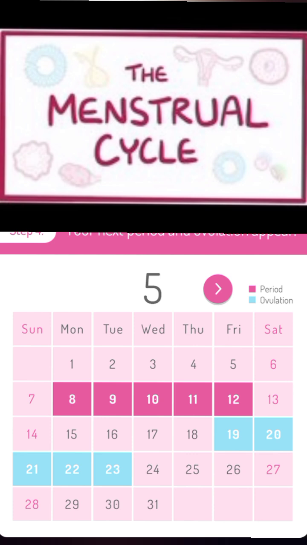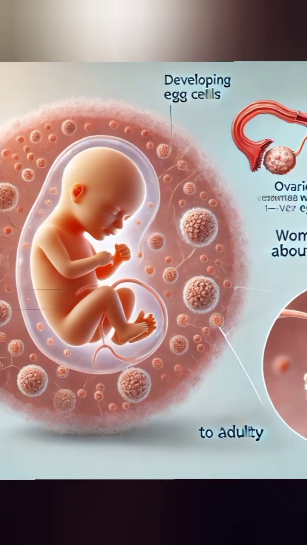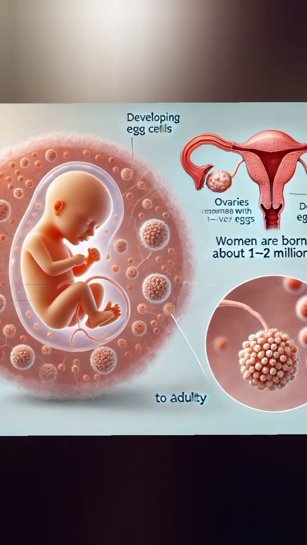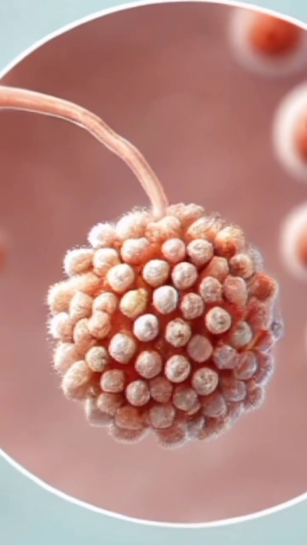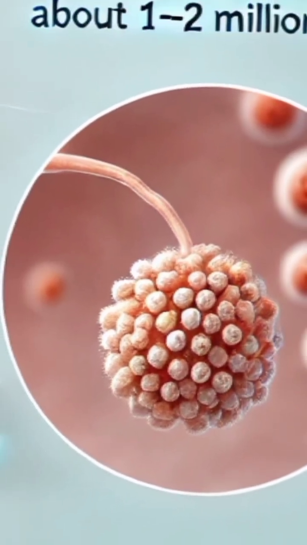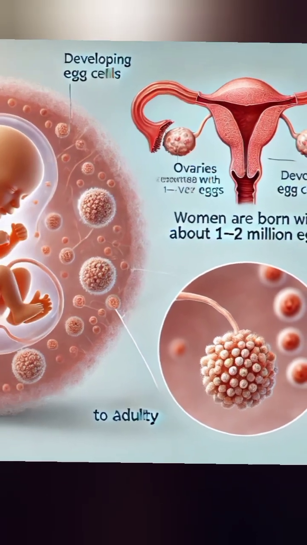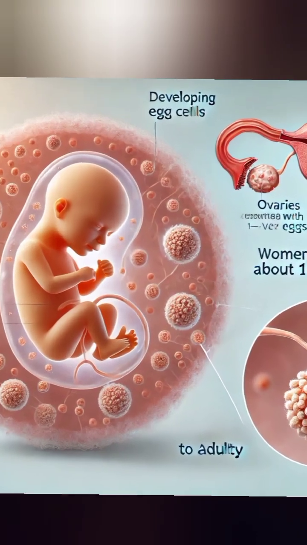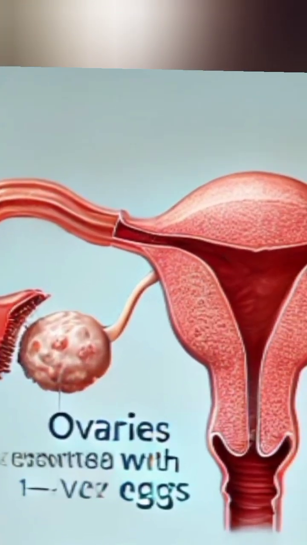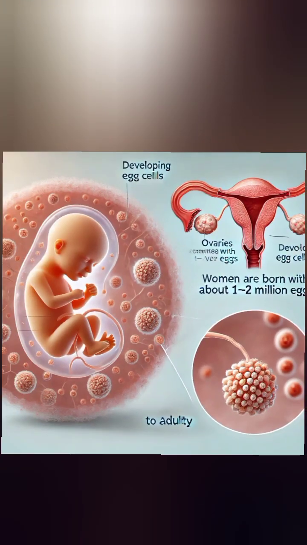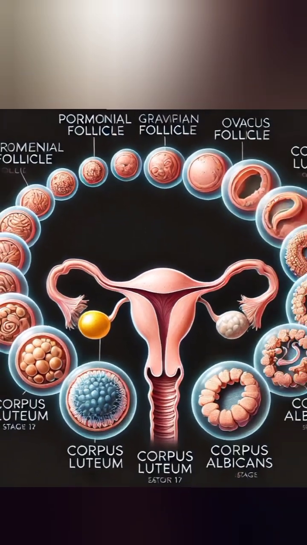Now, the ovarian cycle. At birth, each ovary contains approximately 200,000 small, immature primary follicles, also known as the primordial follicles. Throughout the reproductive years of a female, at the onset of each menstrual cycle, a number of these primordial follicles undergo growth and development.